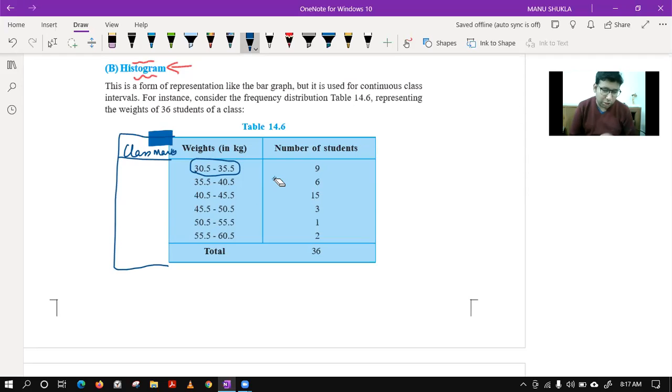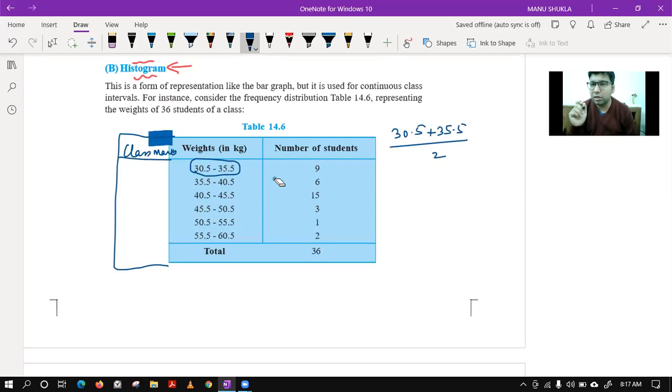The formula is lower limit plus upper limit upon 2. Please tell me. Okay, it is 33. Let's find: 30.5 plus 35.5.